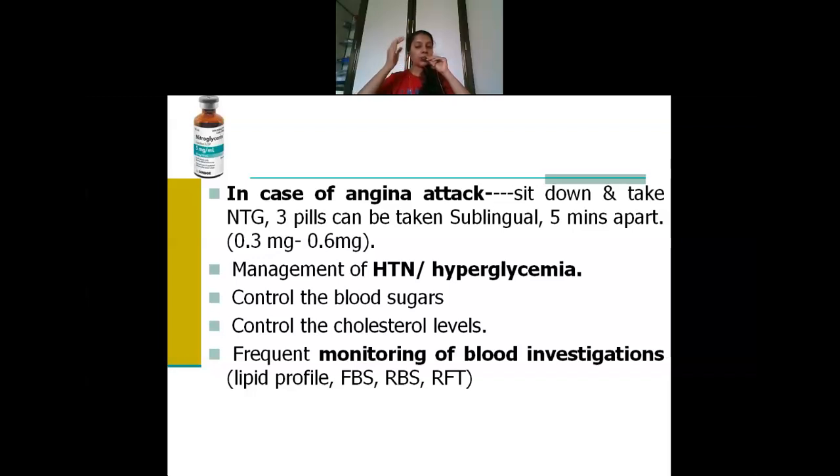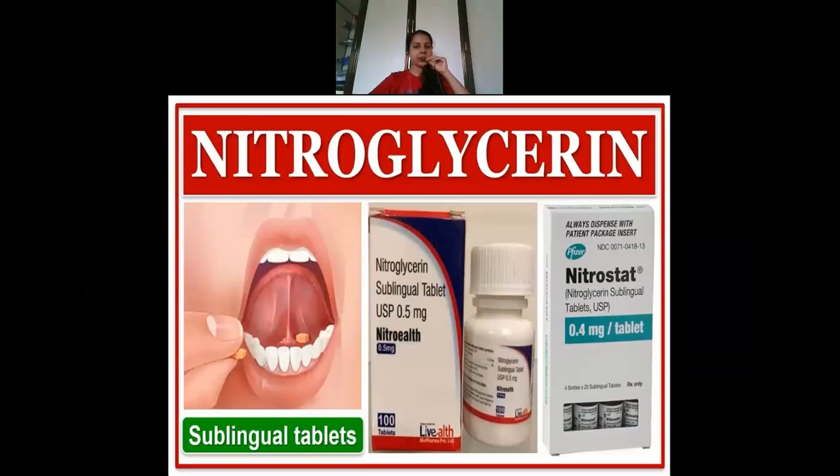After 12 midnight they should be fasting, and early morning they will take the blood sample for FBS. Random blood sugar means they can check the blood sugar levels at any time. Then RFT, the renal function test, can also be done. There you can see the patient placing the tablet under the tongue.